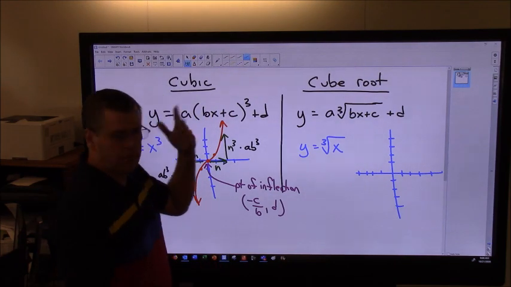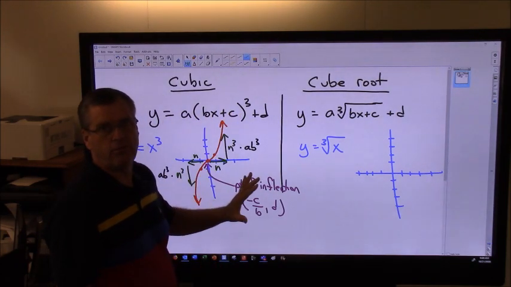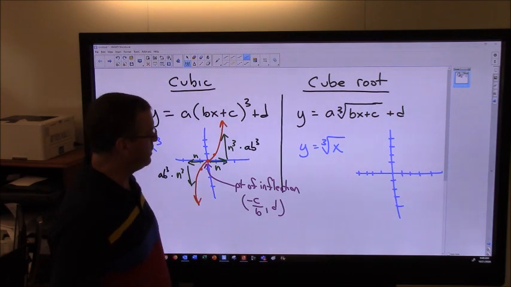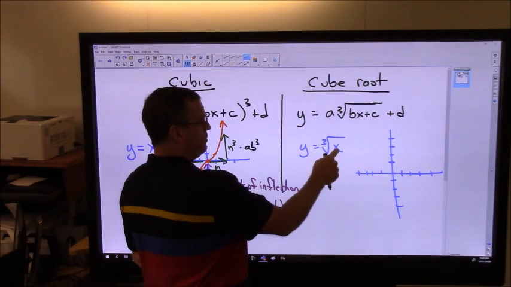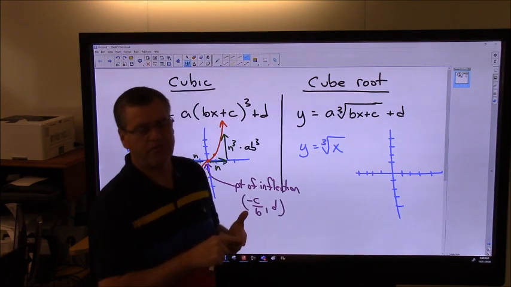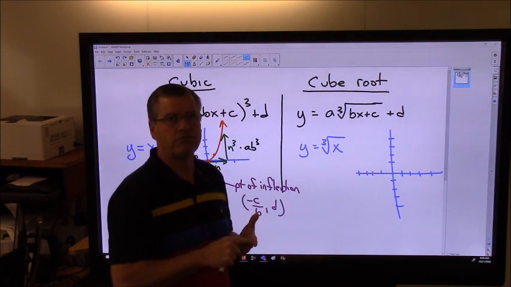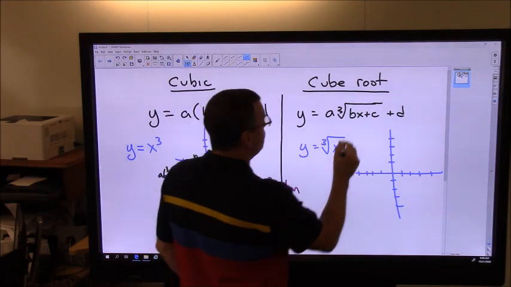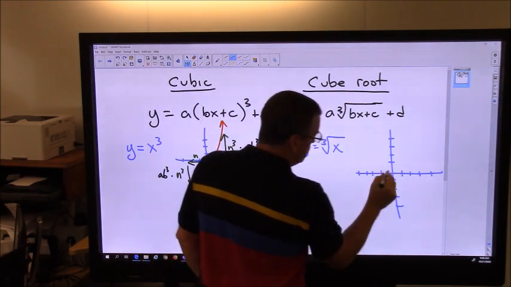All right, and again, I'm just going to start plugging numbers into my head. I'm not going to write them down. I'm not going to make that xy table. I'm going to think, if I put a 0 in here, the cube root of 0, what number times itself 3 times equals 0? Well, that's 0. So I would get 0, comma 0, this point right here.